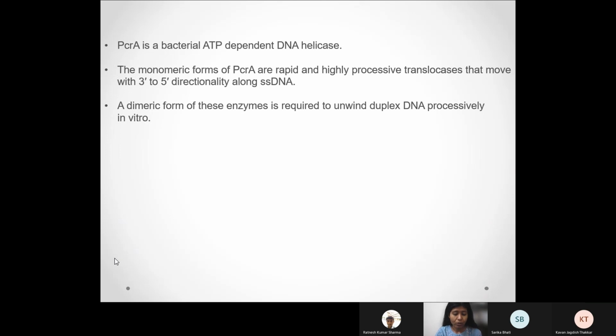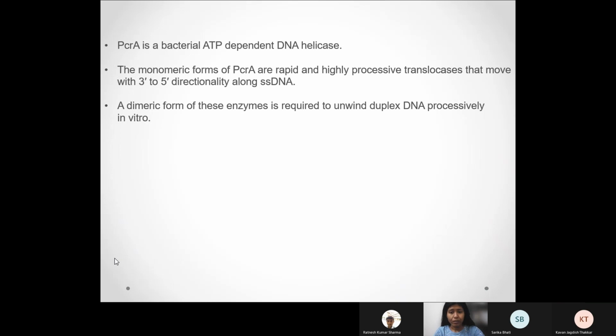Of course, single molecule tools such as optical trapping or even magnetic tweezers are very useful to understand how helicases function. And as I have mentioned, we will have a special class on magnetic tweezers the coming Wednesday by Dr. Saurav Raj. So he will explain in greater detail how magnetic tweezers function, and then you can understand how it is useful to study motors which have a rotary property, which rotates.